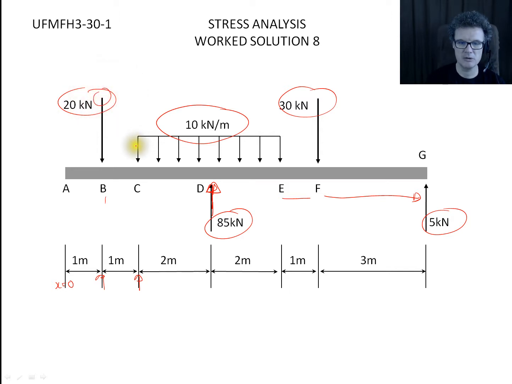The UDL starts at x equals 2, and it finishes at x equals 6. Then 6, 7, is that right? Yeah, 7. So 7 at that force there, and then overall we have a 10-meter long beam, so our support at the end there is at 10 meters.